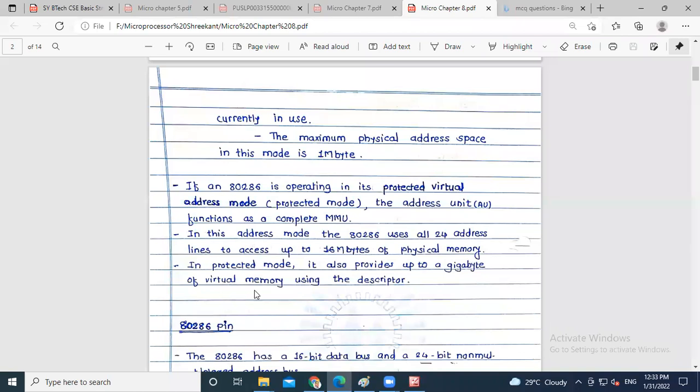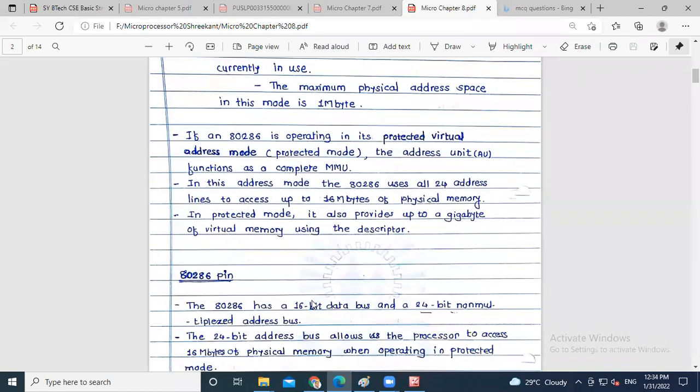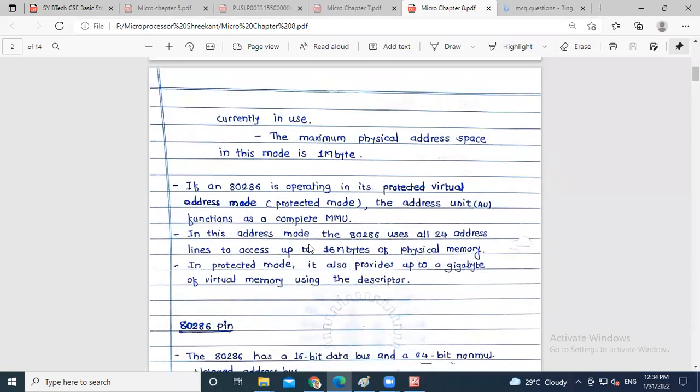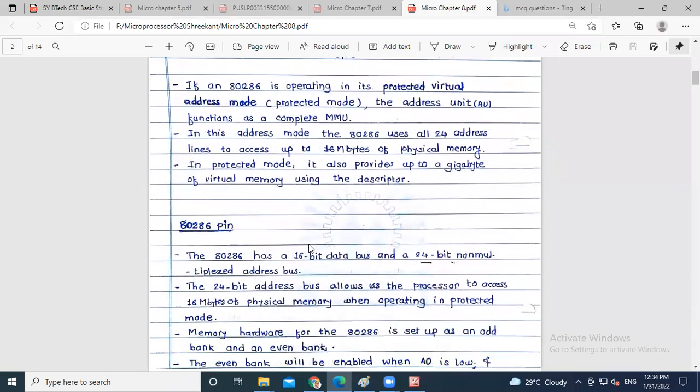Here the address mode uses all 24 address lines to access up to 16 megabytes of physical memory. In the protected mode, it also provides up to a gigabyte of virtual memory using the descriptor.